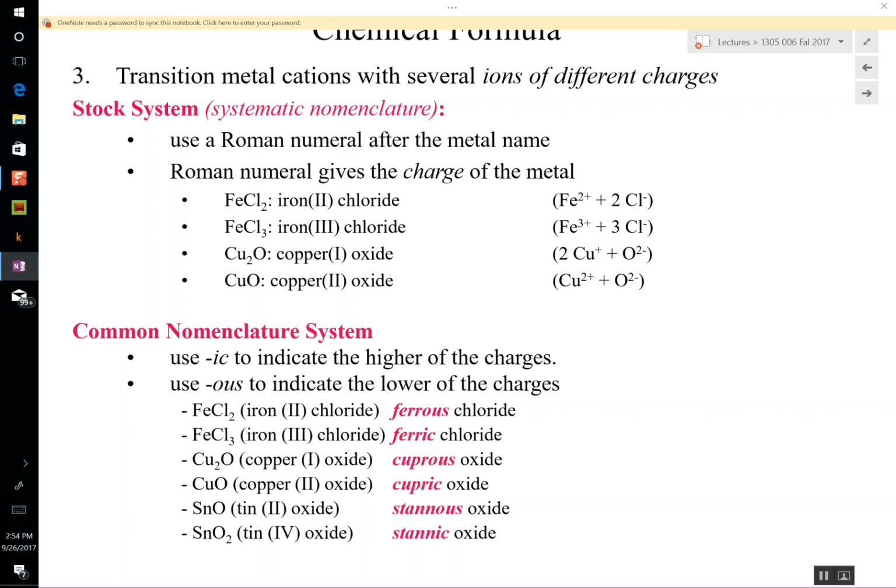Let's see, write the formula for, what's the formula for ferrous phosphate? Ferrous phosphate.